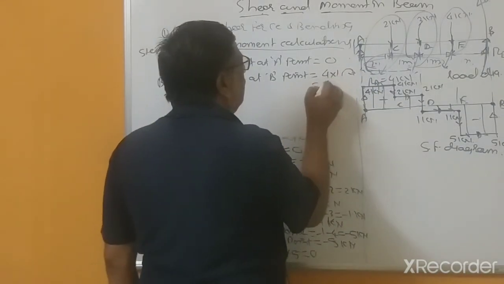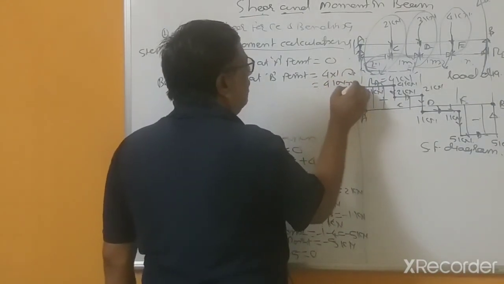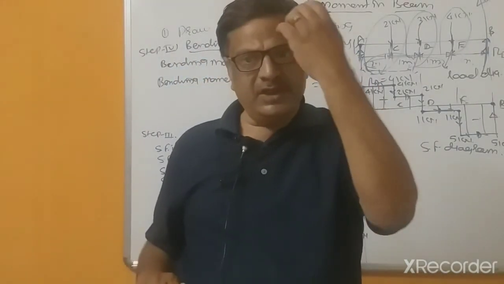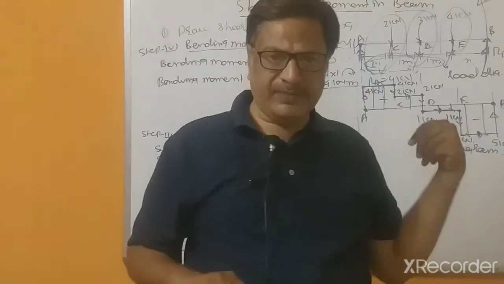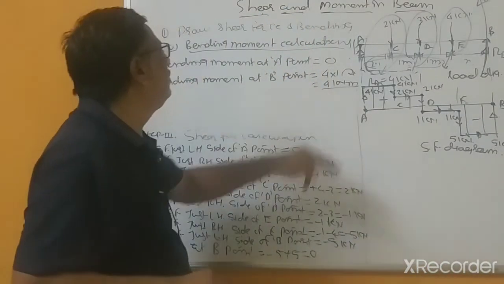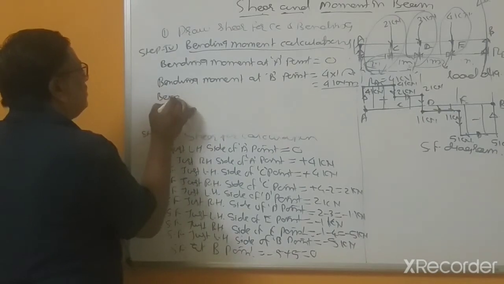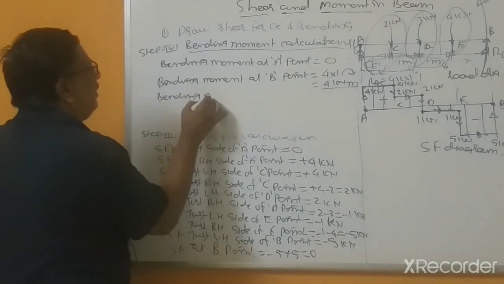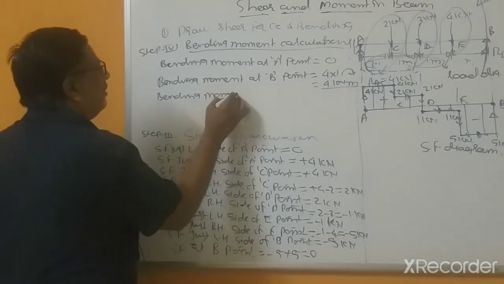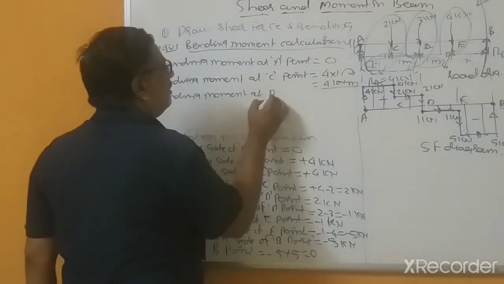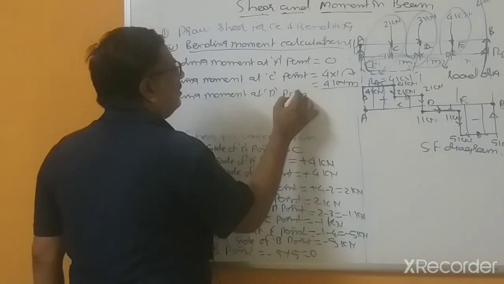This is equal to 4 kilonewton meter, because moment is force multiplied by distance, and the distance unit here is meter. So that's why 4 kilonewton meter. Next, bending moment at D point.